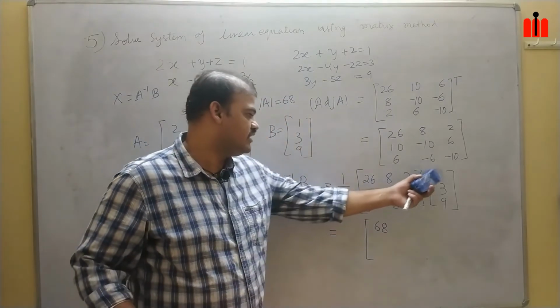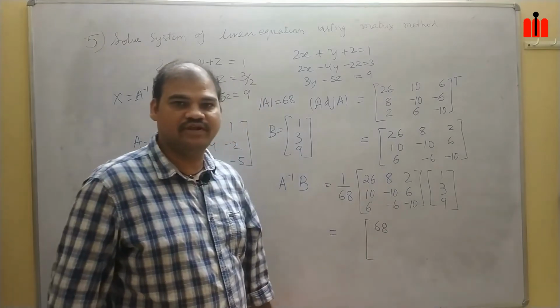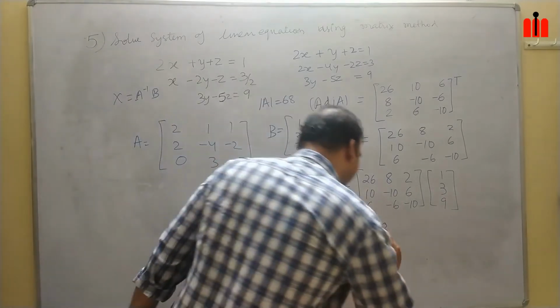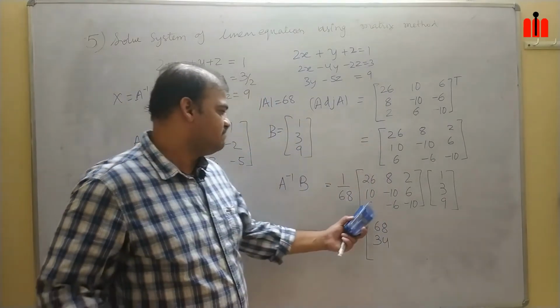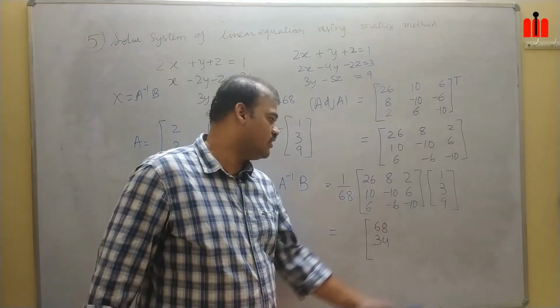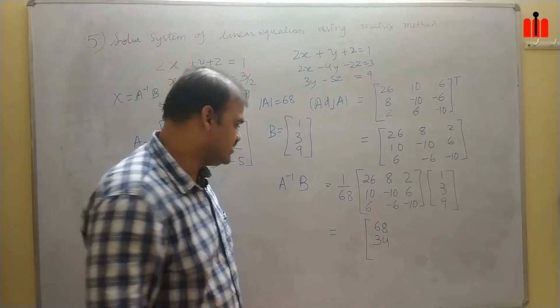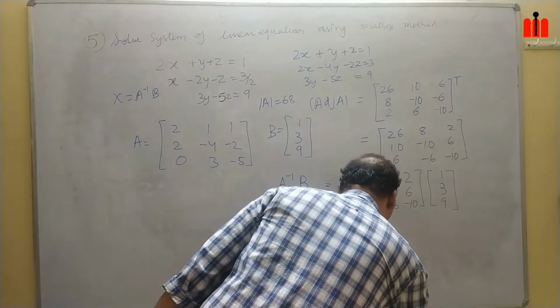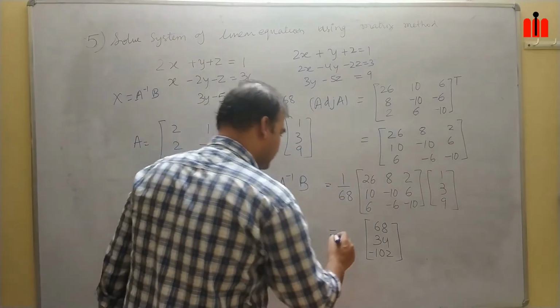Now second, 10 minus 30 minus 20, minus 20 plus 54 is 34. This is 6 minus 18 minus 12, minus 12 minus 90 is minus 102.